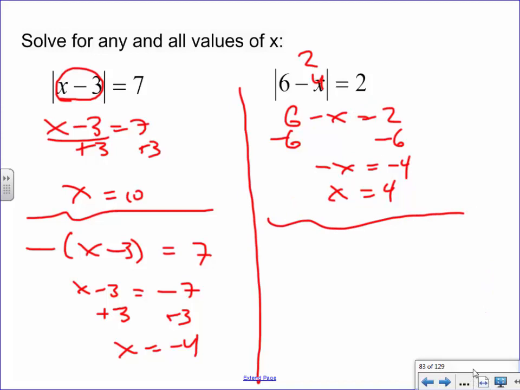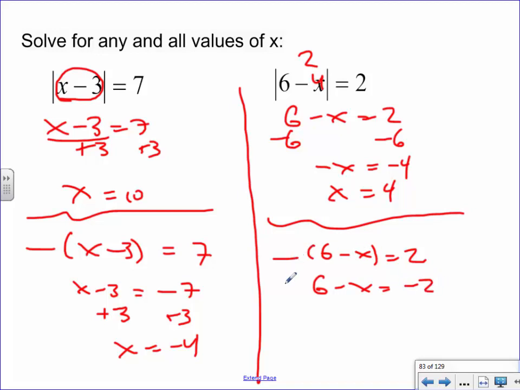Well, the next time you do it, all you got to do is remove the absolute value signs, but put a negative in front instead. So make it negative 6 minus x equals 2. And just solve this. Now you can distribute the negative. My personal favorite, though, is throw the negative on the other side. So make it 6 minus x equals -2.